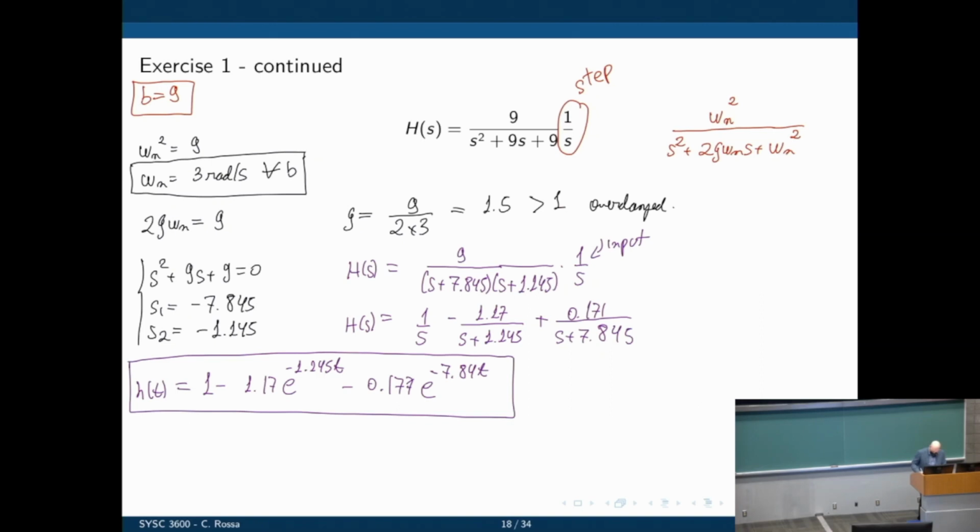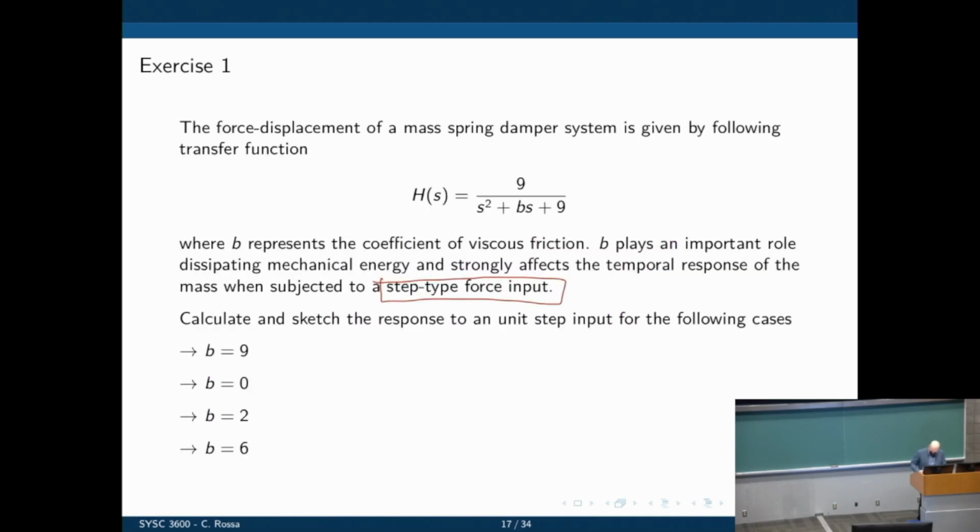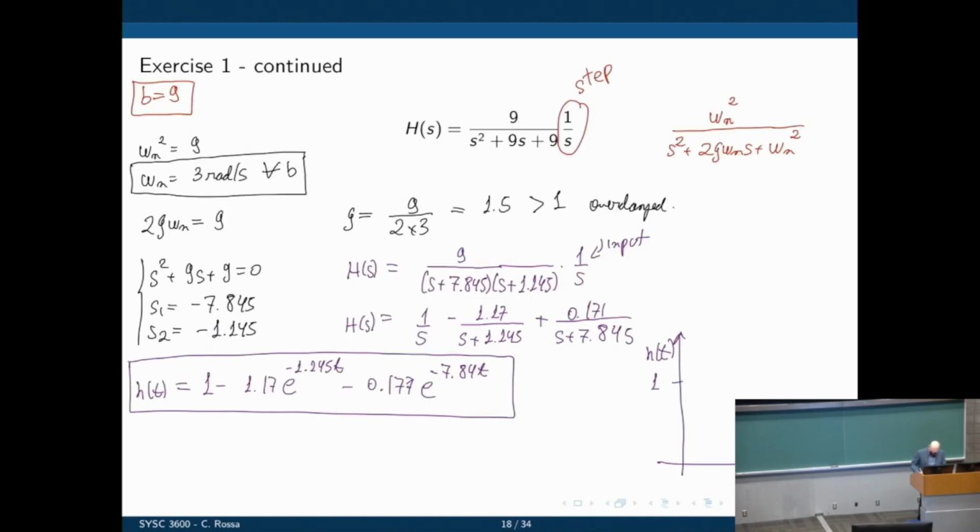You can plot this, h of t as a function of time, and we can see that this settles at 1 and reaches 1 following an exponential function.